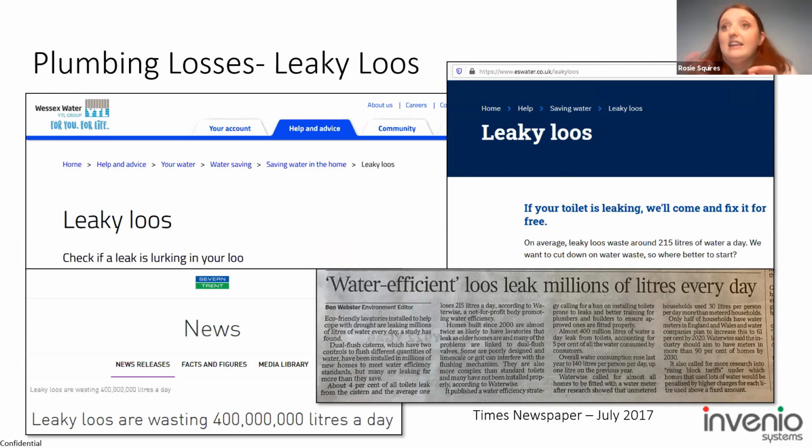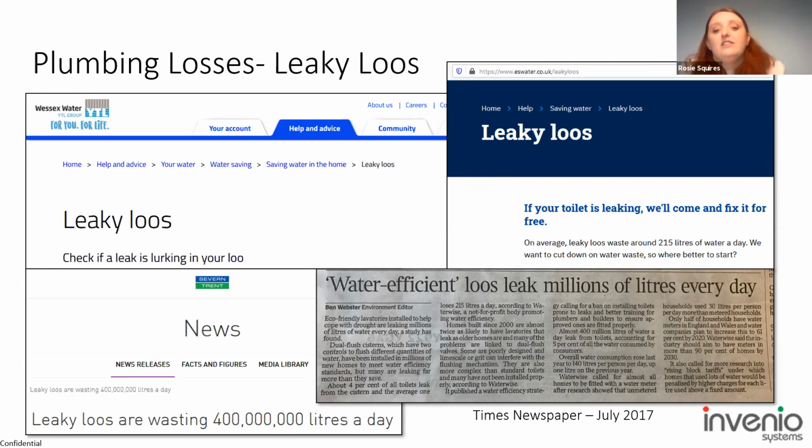And from the BBC article that went around last year, lots of people are starting to cotton on to how common this is. Anyone that has push button toilets, I would very much recommend you look at your toilet and see if you have a dripping leak down the back of the toilet bowl, because it's very easy to miss but very common.